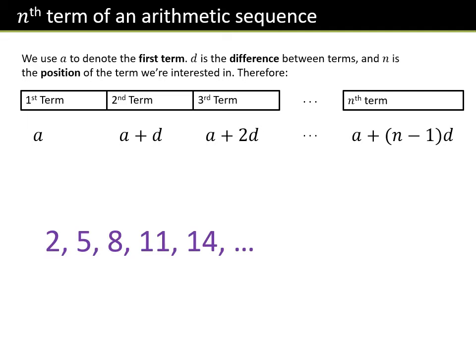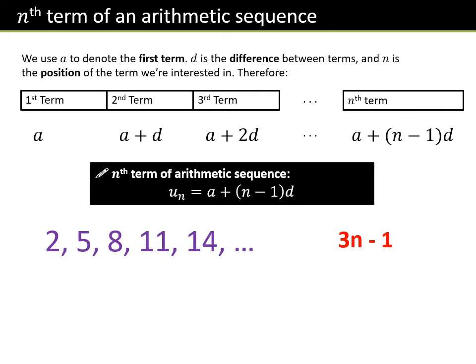Okay, now how does that fit with what we've already done before? So actually, what we showed you before was look for your common difference, put that number in front of n, and then figure out what you do to get back to the first term, right? At A level now, we need to be using this formula, a plus (n minus 1)d. So let me just show you.